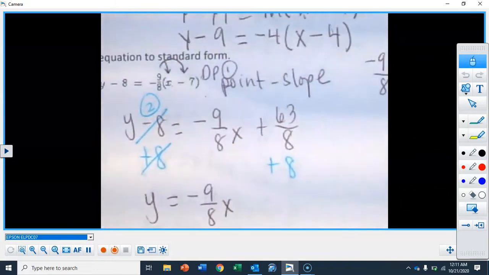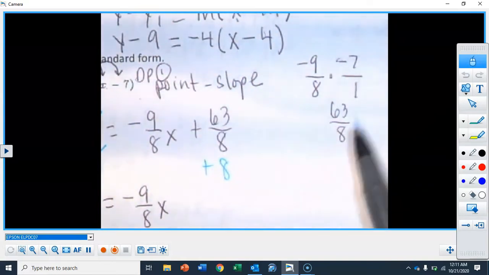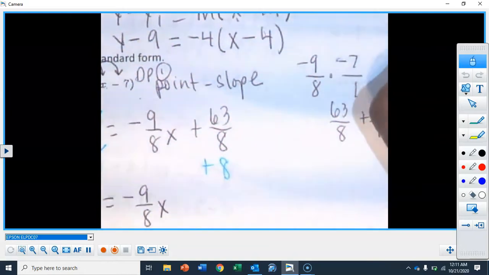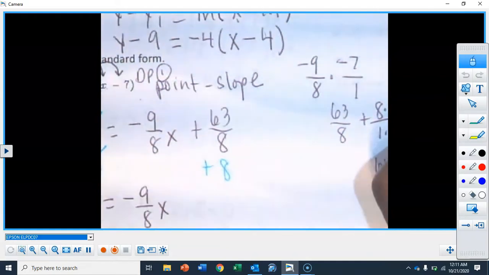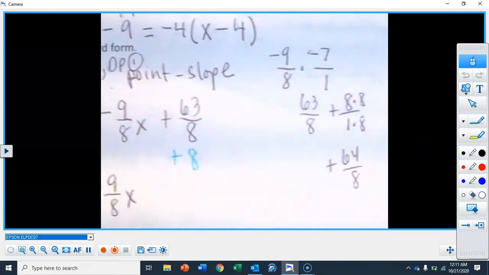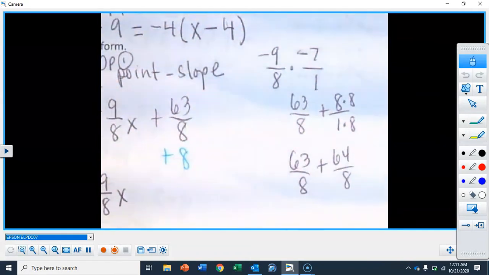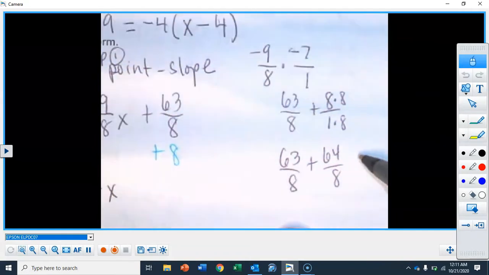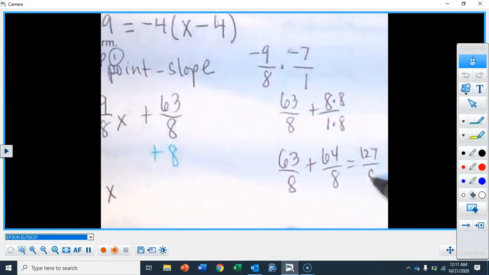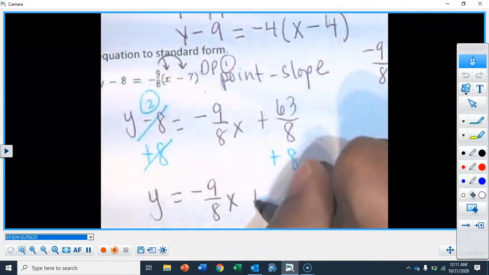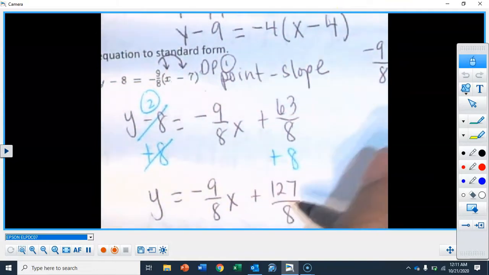Now we have to do some more scratch work. We come back to this 63 over 8, and we're trying to add 8 over 1 times 8 over 8. So this becomes 64 over 8, and then plus 63 over 8. And this is where we get 127 over 8. So now I come back to here and put plus 127 over 8.